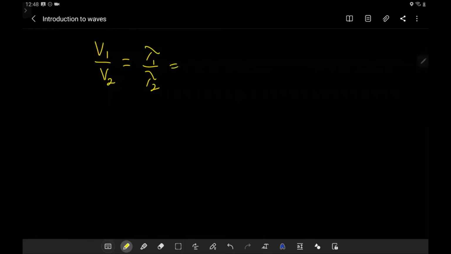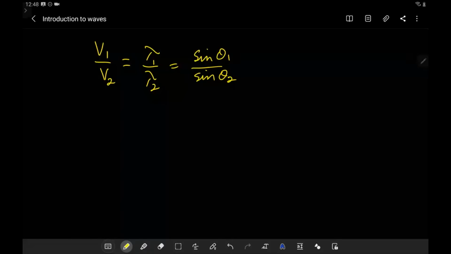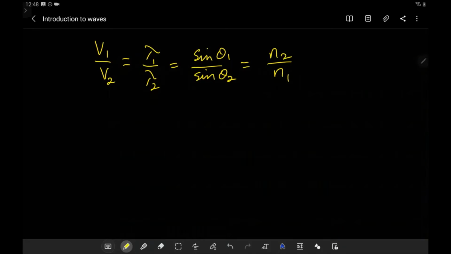Which is equal to sine theta 1 over sine theta 2, which is equal to n2 over n1. Now what we want to find is this ratio, because they didn't really give us the refractive index of the deep water.